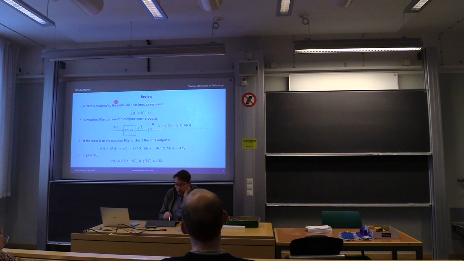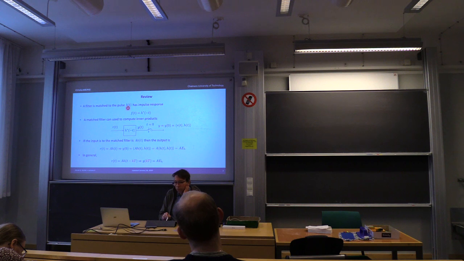A short review of what we have been talking about last time was the concept of a matched filter. So a filter which is matched to a pulse h has impulse response f, where f is a complex conjugated and time reversed version of the pulse itself. So very simple.